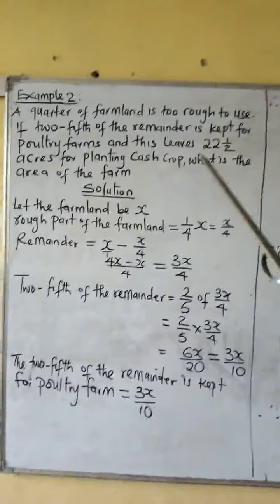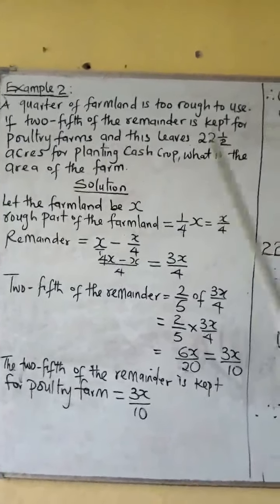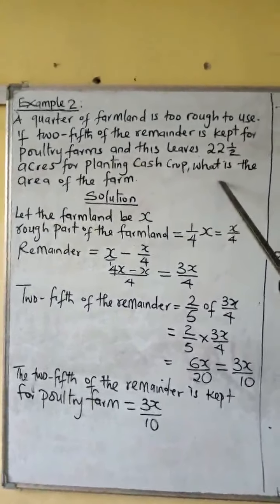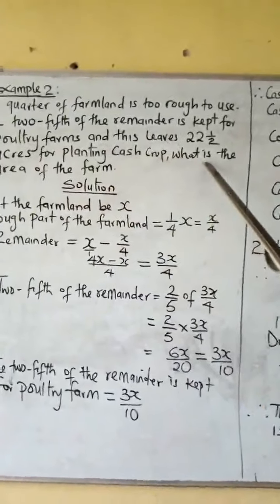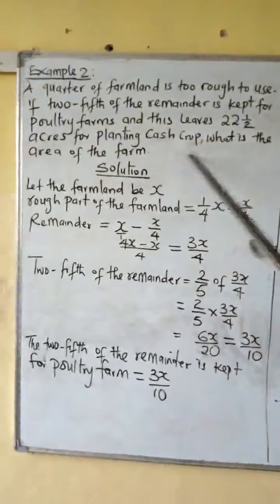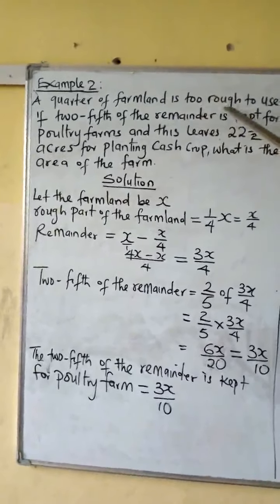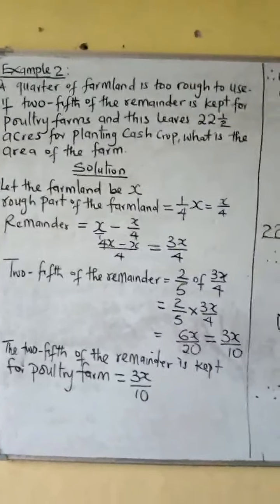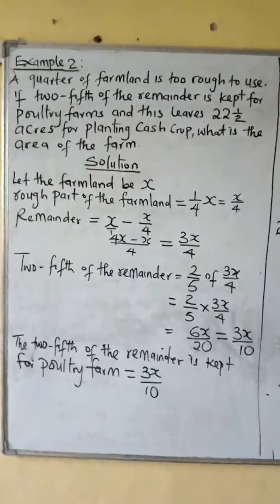Looking at the question, you figure out 3 pieces of information there. In the farmland, you practice poultry farm. In that same farmland, there's planting of cash crop. In that same farmland, we have some portion that is too rough to use. So we have 3 pieces of information there, and we'll take them one after another.